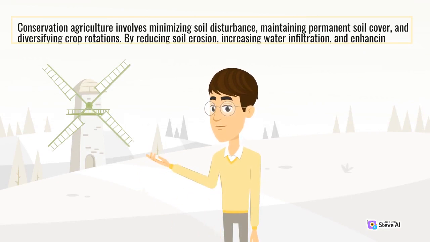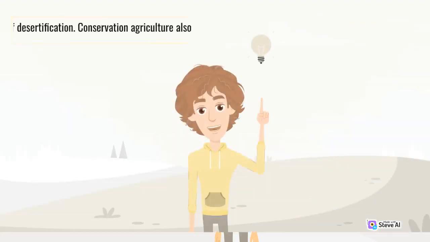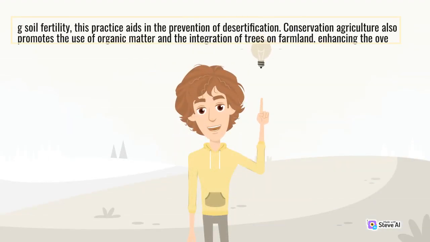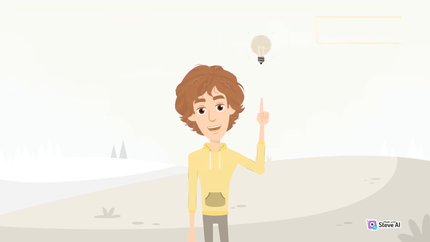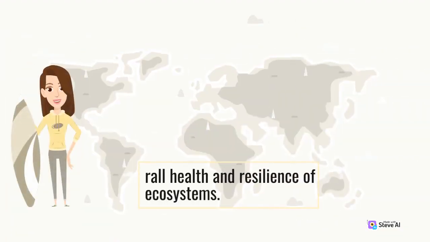By reducing soil erosion, increasing water infiltration, and enhancing soil fertility, this practice aids in the prevention of desertification. Conservation agriculture also promotes the use of organic matter and the integration of trees on farmland, enhancing the overall health and resilience of ecosystems.